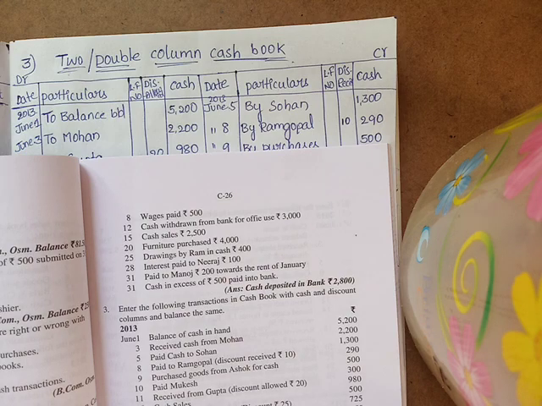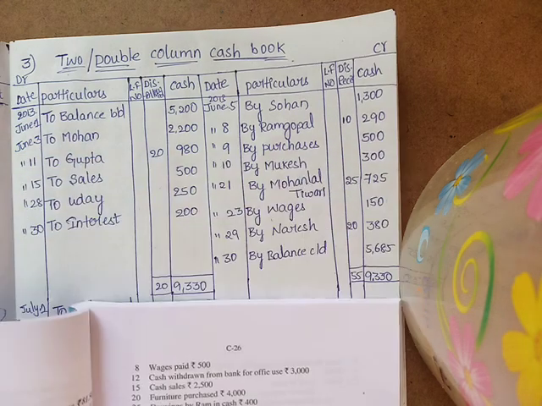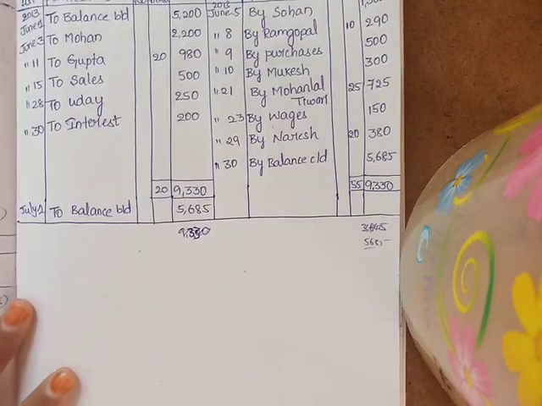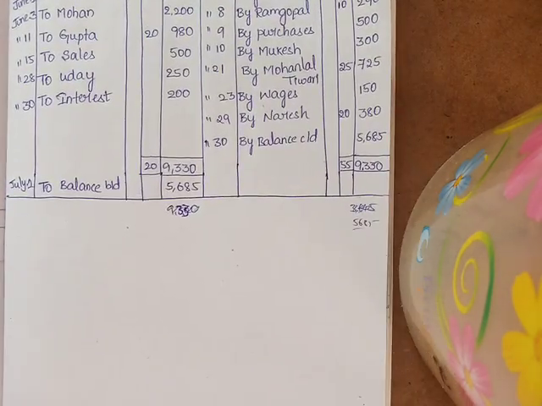Okay. Next we will discuss the triple column cash book, or three column cash book.